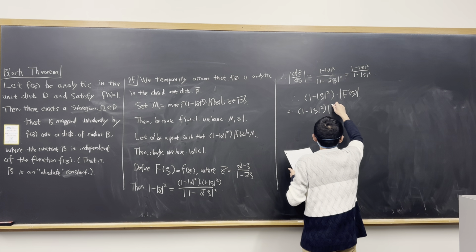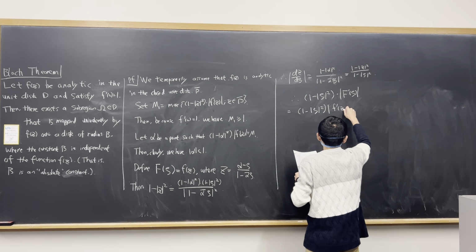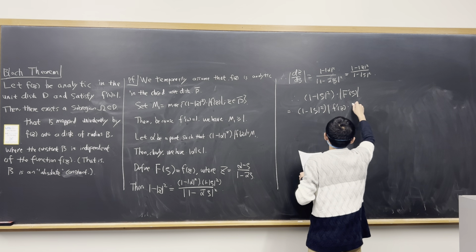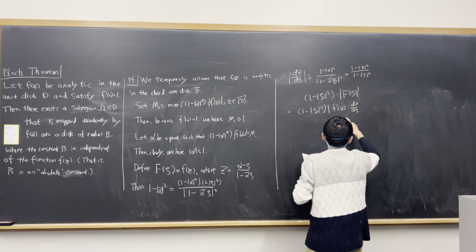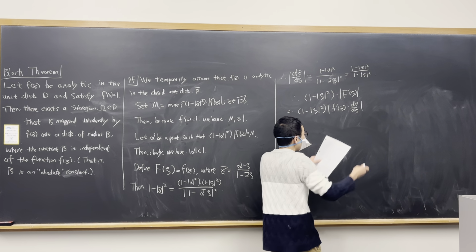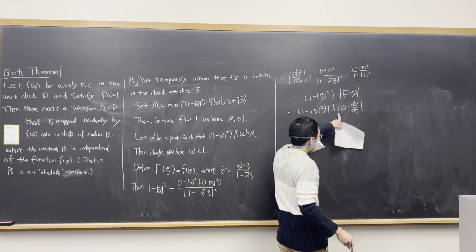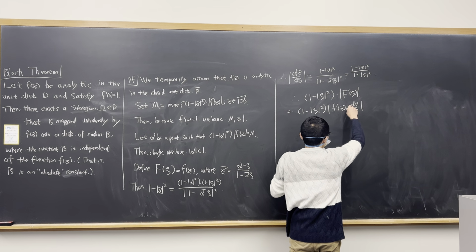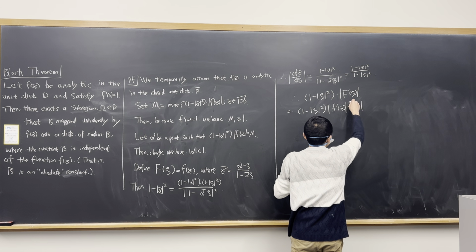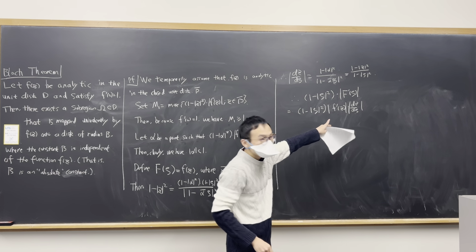So it is like this: f prime of z times dz d zeta, and then the modulus over the whole thing. And remember that the modulus of the product is equal to the product of the moduli separately. So I get that.